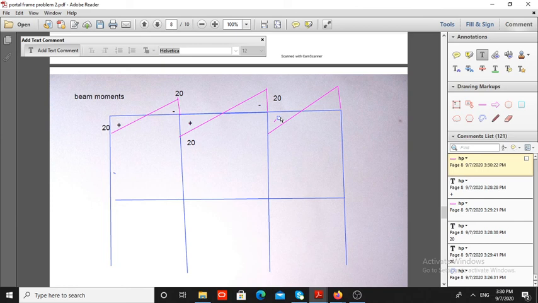This is also sagging. This is minus. This is positive. Okay, and the value is the same, 20.